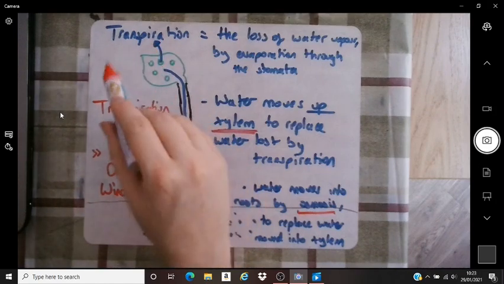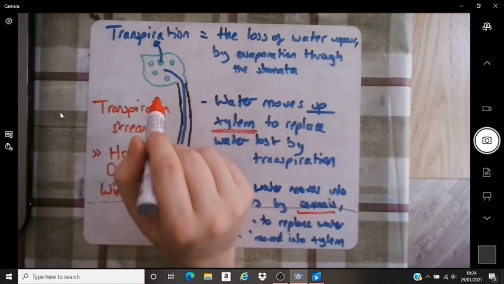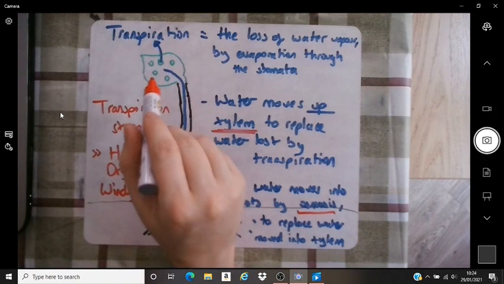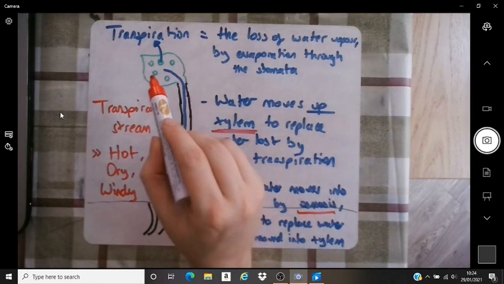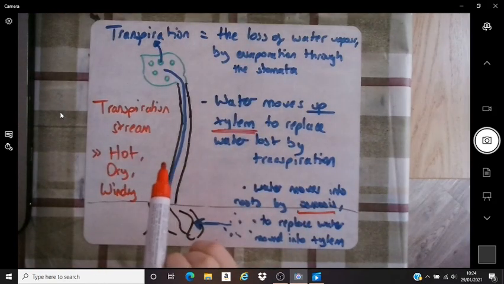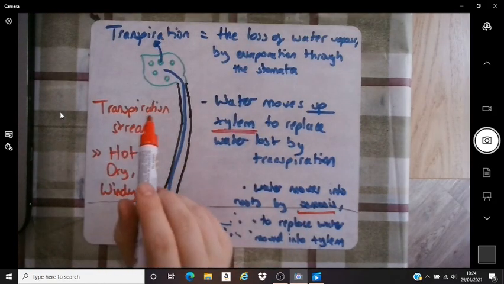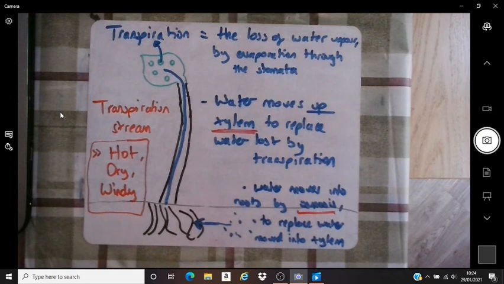There'll be hardly any water in the environment, so water will move out by diffusion. Because again, water vapour is a gas, so it just moves by diffusion out the stomata. If it's windy, any water vapour that does move out of the stomata just gets blown away, so you're maintaining a steep concentration gradient. In other words, if you want transpiration, you want good clothes drying weather.